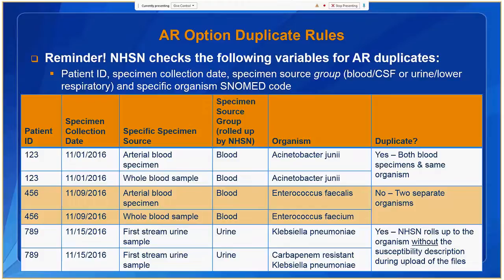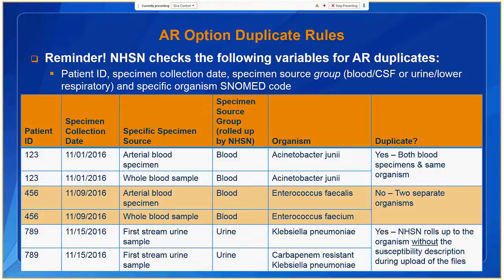However, in NHSN, those both roll up to the blood specimen source group. Within both of those specimens, Acinetobacter junii was collected. So are those duplicates? The answer would be yes, because NHSN considers them duplicates because both are blood specimens and the same organism was identified in both.